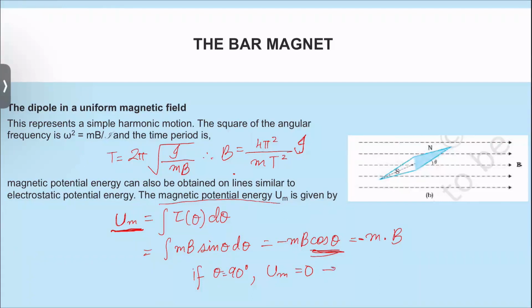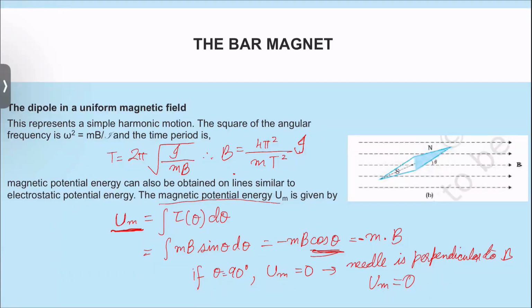So what does this indicate? That the needle is perpendicular to the field. So this UM is going to be 0 when the needle is perpendicular to B.